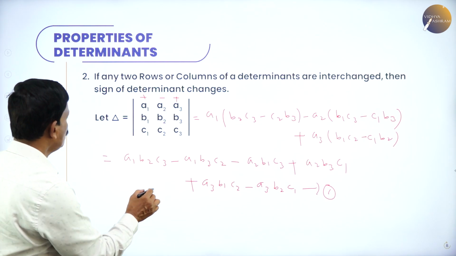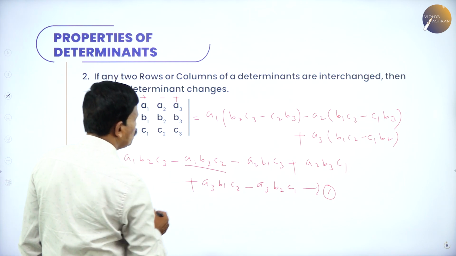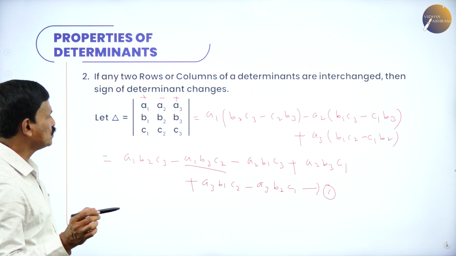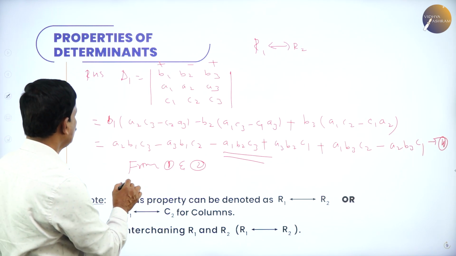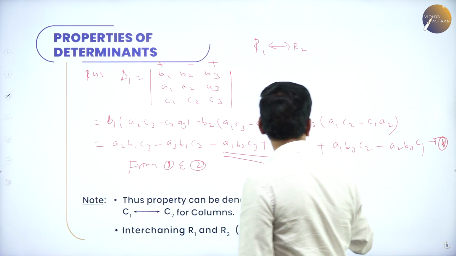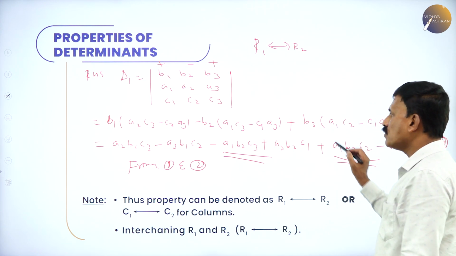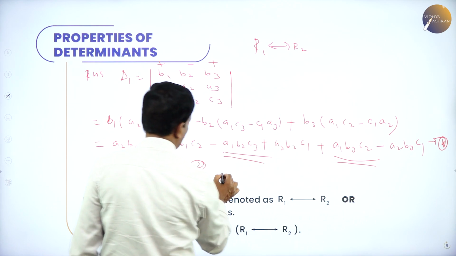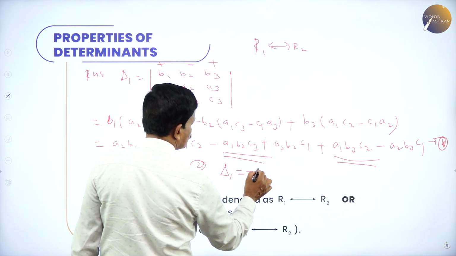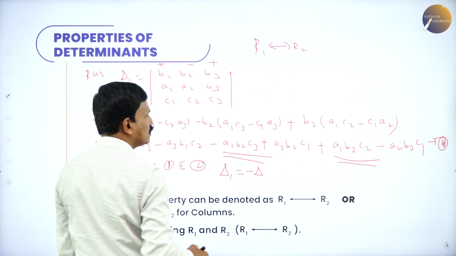Similarly, minus A1 B3 C2 in equation 1 is positive here. So wherever there is a negative sign, we have positive here. Therefore from 1 and 2, I can say that delta dash is equal to minus delta.